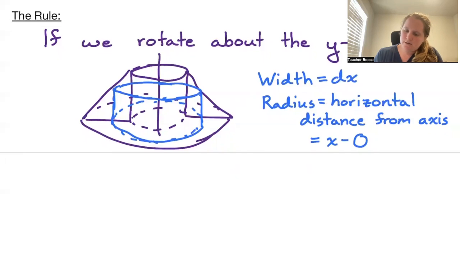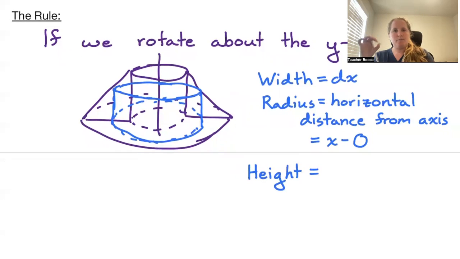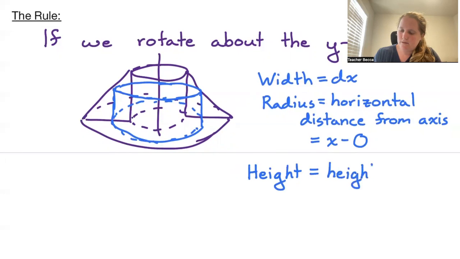Our height is the height of our shell, right? So it's essentially the top of the triangle to the bottom of the triangle. So our height is basically just the distance from the top of the triangle to the bottom, wherever we are on the triangle.